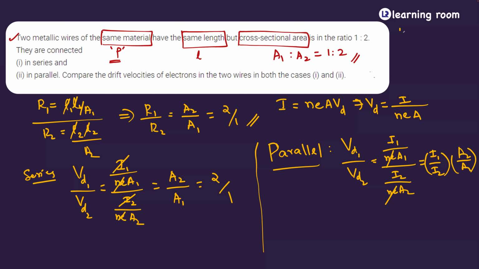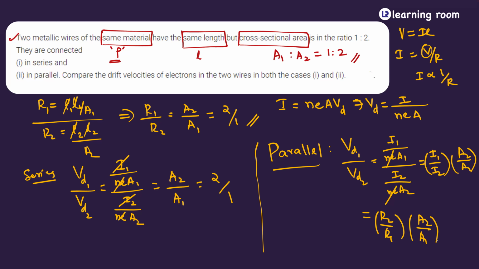So if I take V is equal to IR, I is equal to V by R. When V is taken to be constant, can I say I is inversely proportional to R? When I is inversely proportional to R, I1 by I2 will be equal to R2 by R1 into A2 by A1. So observe, R1 by R2 is 2 is to 1.